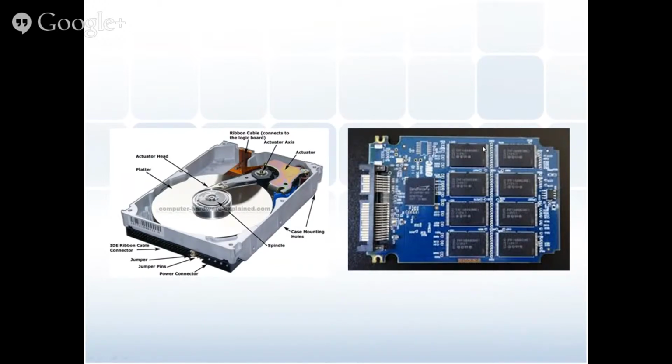The chips are faster than the physical disk on the left side, and they don't have the issue the physical disk has: the data writing on the inside is always slower than on the outside because of the physics.